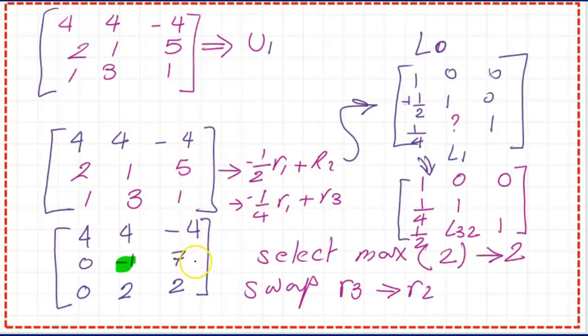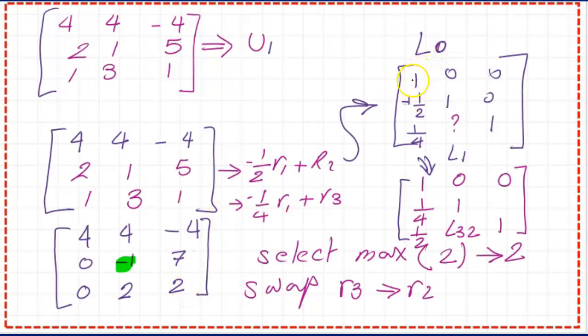We add to 5, it becomes 7. For the third row, minus 1 over 4 by 4 is minus 1. We add to 1, we have 0. Minus 1 over 4 by 4 is minus 1. We add to 3, we have plus 2. Minus 1 over 4 by minus 4 is plus 1. We add to 1, we have 2.